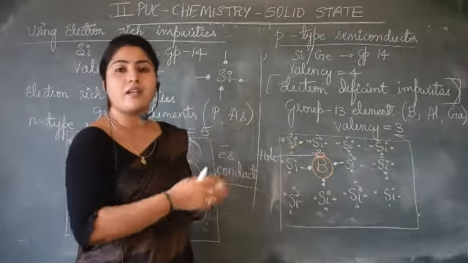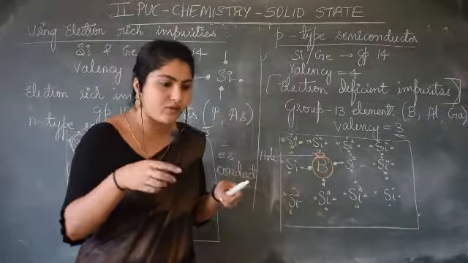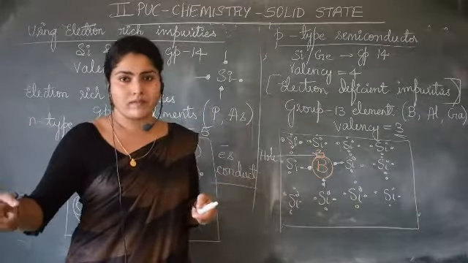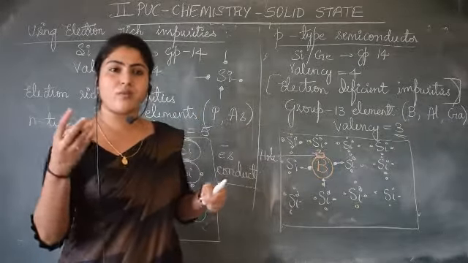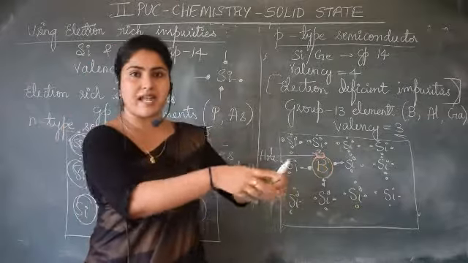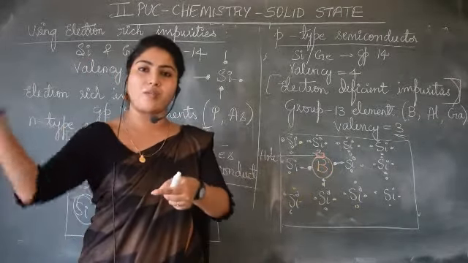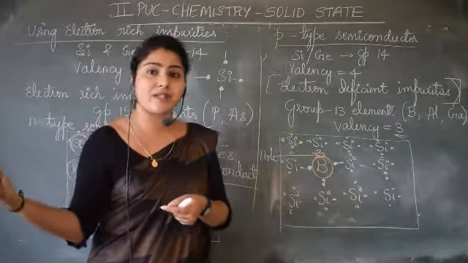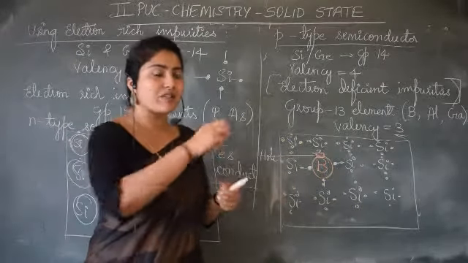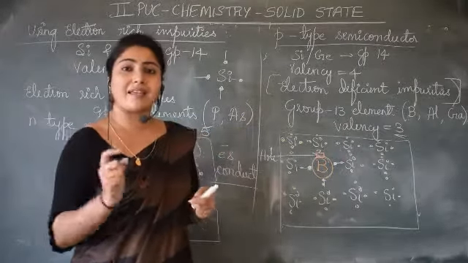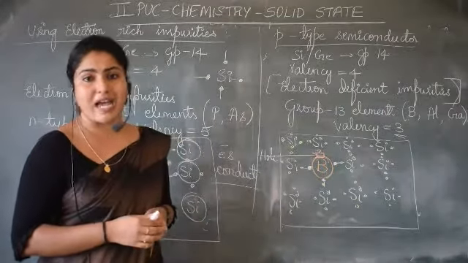Like that, when you observe, it looks like the hole is moving. But actually the hole is not moving. One electron from the neighboring atom comes and fills that, so this space becomes a hole. Then again one more electron comes and fills, and the neighboring space becomes a hole. So it looks like the hole is moving, and therefore we say holes are the charge carriers.